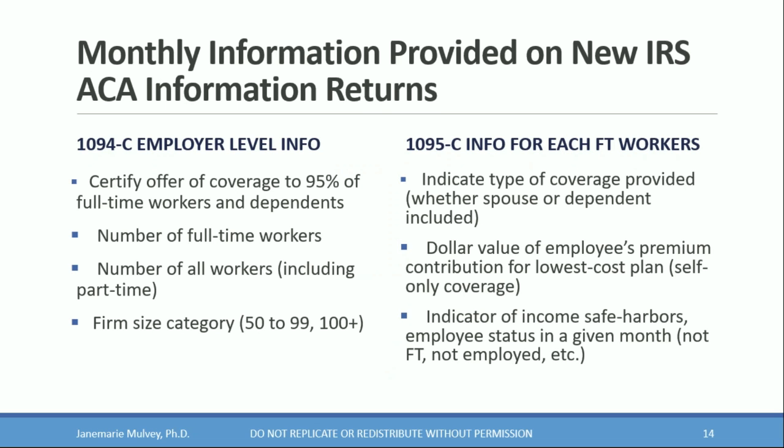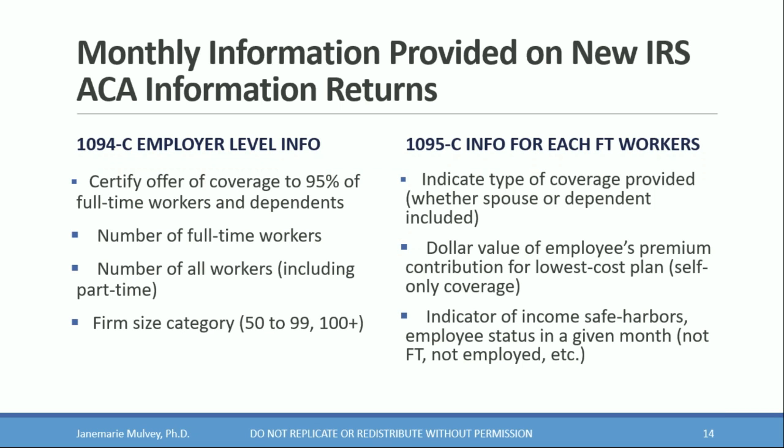One of the reasons that these forms have become administratively burdensome to employers is because they rely on monthly information. On the employer side, they have to certify month by month that they offer coverage to 95% of their full-time workers. They have to put down monthly the number of full-time workers, and that's very important because, remember, we saw the formula earlier, and the formula is based on your number of full-time workers.